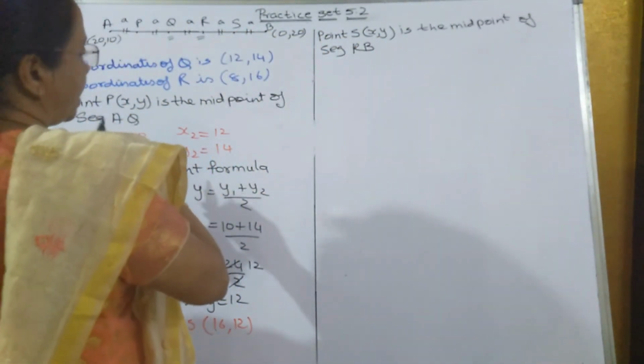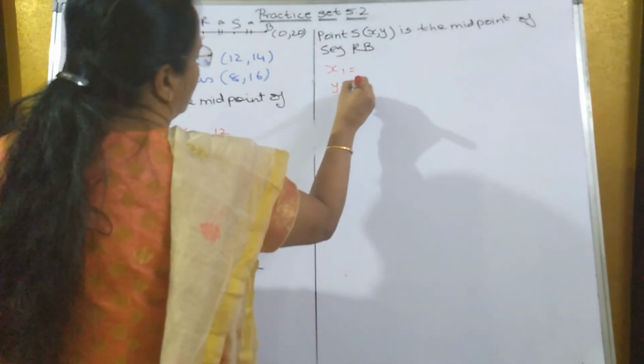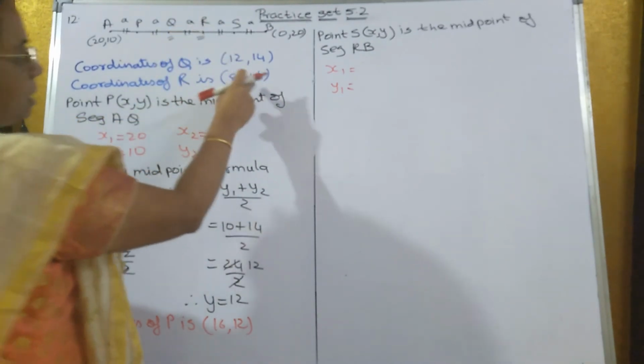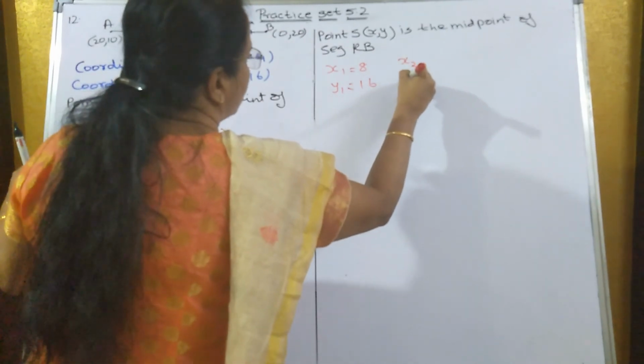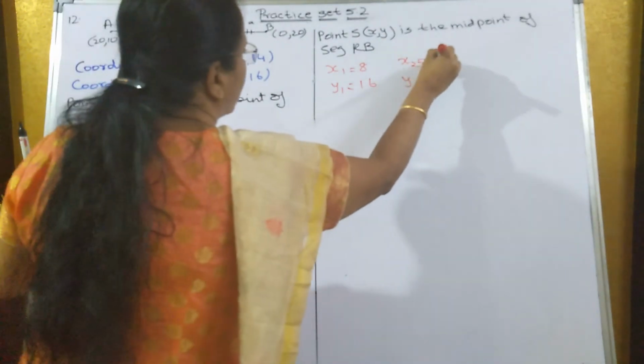So your x1 y1 is what? Since we have taken R, x1 y1 is 8, 16, and x2 y2 is what? That is of B, that is 0 and 20.